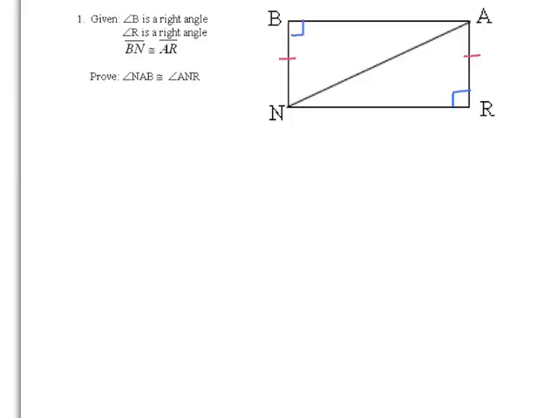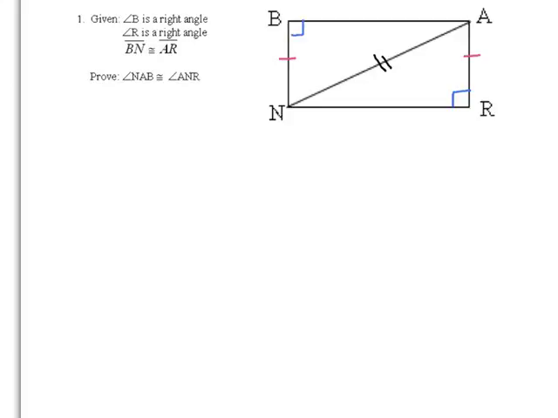So in order to do that, we first need to establish that these two triangles are congruent, this triangle and that triangle. So the blue angles, we've got two right angles, which indicate either that we have right triangles or that we've got congruent angles. We've got the two red segments, and then we've got this shared side up the middle. And so in this case, we actually have an HL proof.